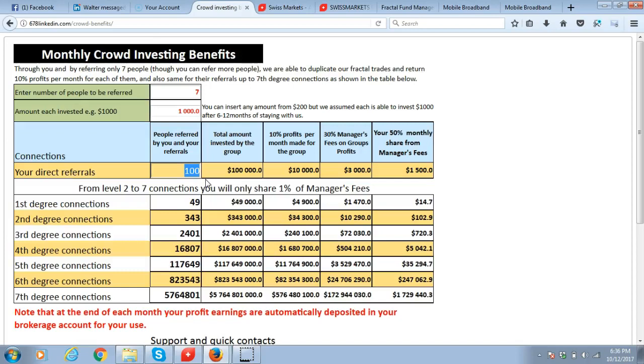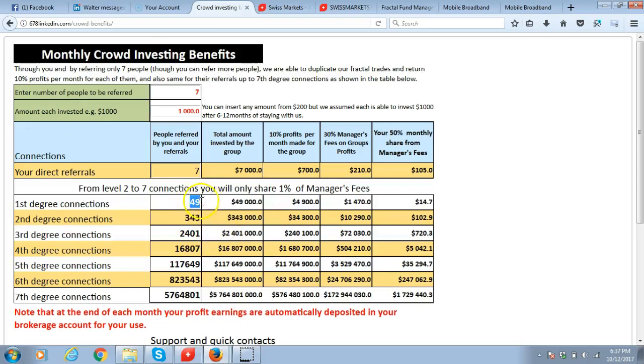I want to show you first how this group works. You refer 7 people. Those 7 people, they are capable of referring 49 people, because each one refers 7 people. So you will now have about 49 people under your connections or your network you introduce to the fractal fund management.